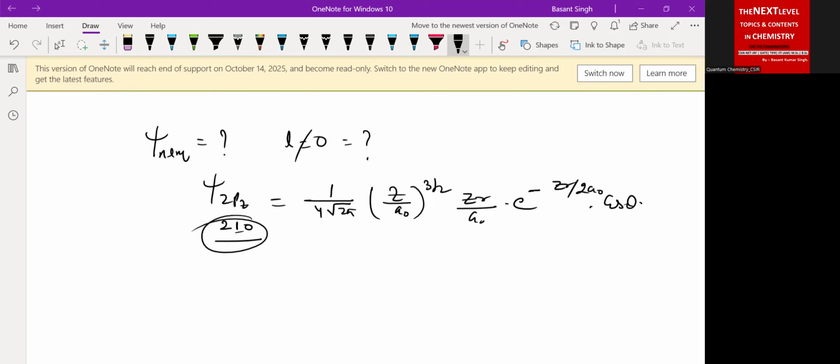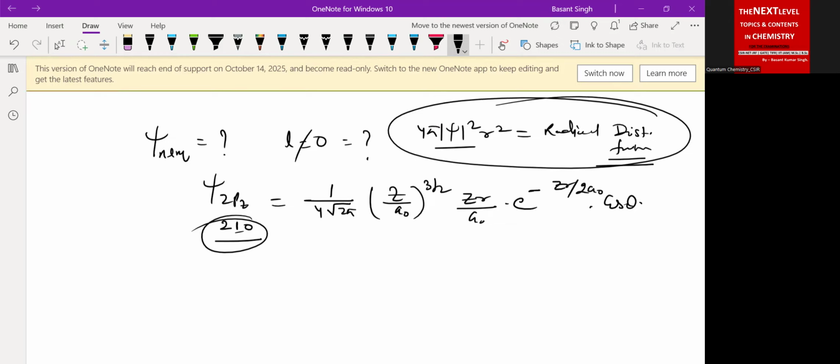And I have to check whether mod psi square r square 4 pi is a radial distribution function or not.